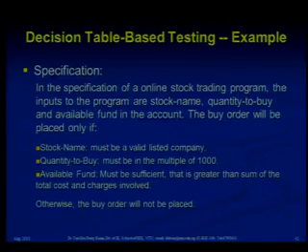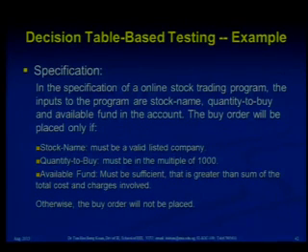Okay, under what condition will it be approved? If the three pieces of input satisfy all these conditions, then the buy order will be approved. Stock name must be a valid listed company, firstly. And quantity to buy must be in multiples of 1,000. That means you cannot buy 500, you cannot buy 20 shares.